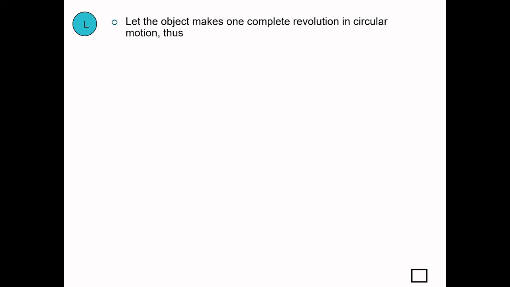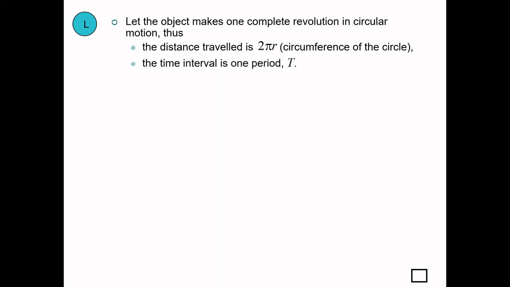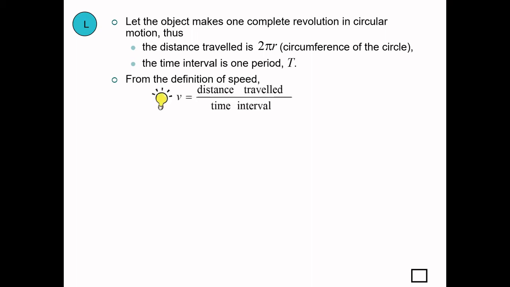Let the object make one complete revolution in circular motion. Thus, the distance travelled is 2 pi r, which is the circumference of the circle. The time interval is 1 period. From the definition of speed, speed equals distance travelled over time interval. Speed equals 2 pi r over period, or v equals 2 pi r f.